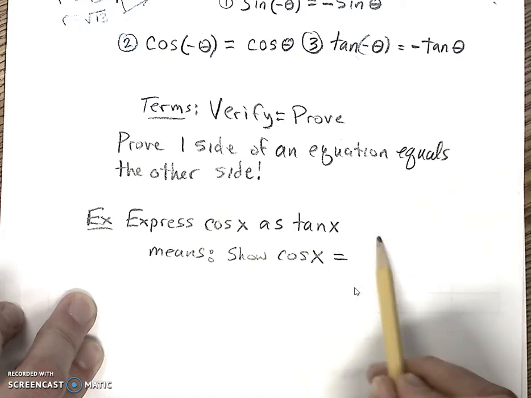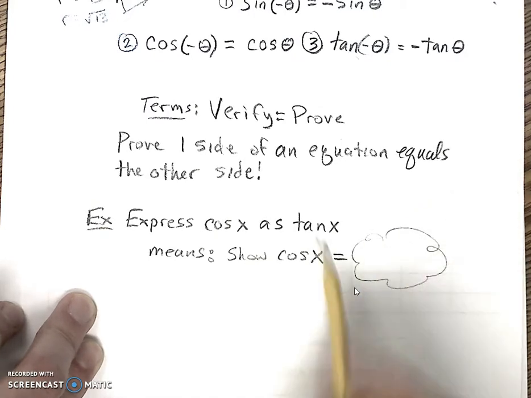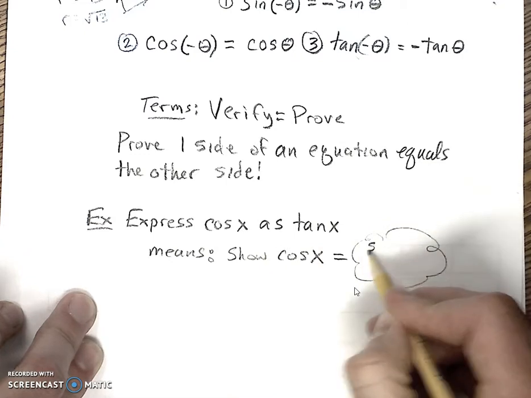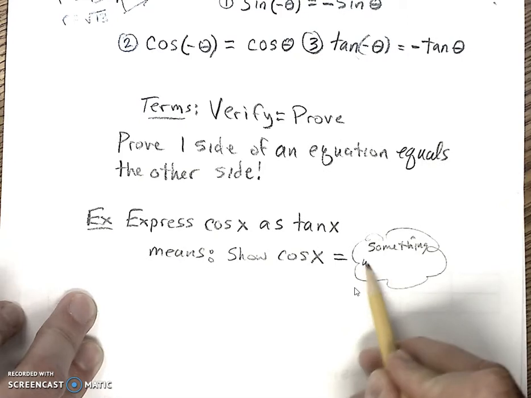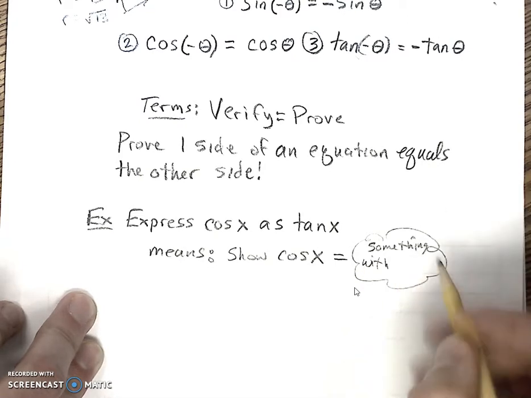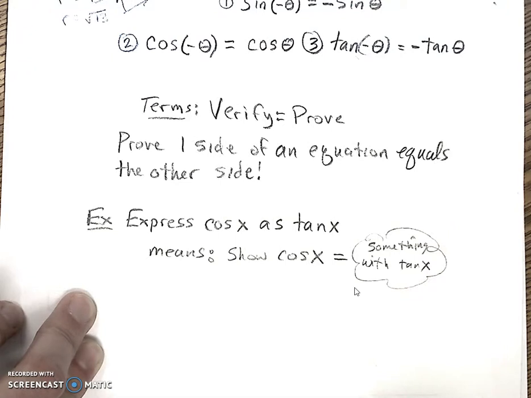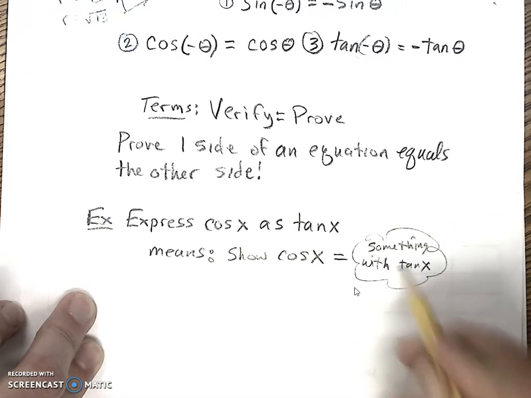We don't know what it is, but we use our trig identities to find some mathematical expression that contains the tangent of x.